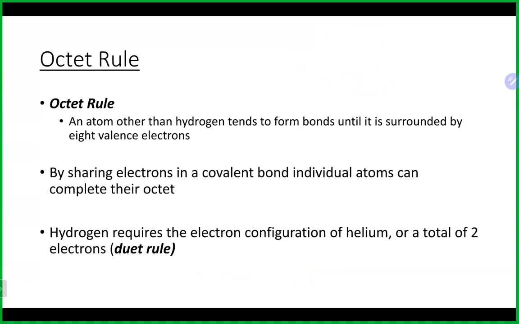Except for who should never have 8? Not helium, but the one before it? Hydrogen, yeah. Hydrogen should only have 2, and that is sometimes referred to as the duet rule. Like I said before, it never hurts to say it, because I've seen a lot of weird looking hydrogens come through pages. It should pretty much always look like this.